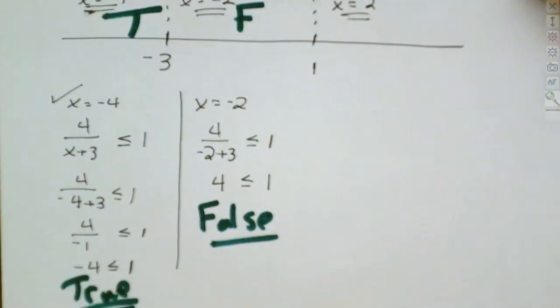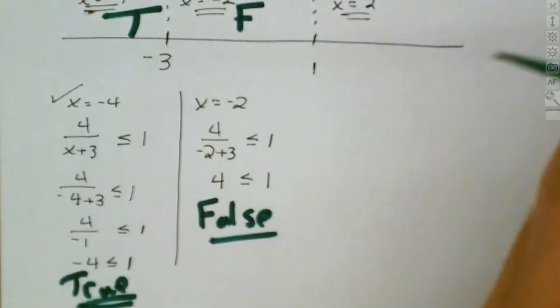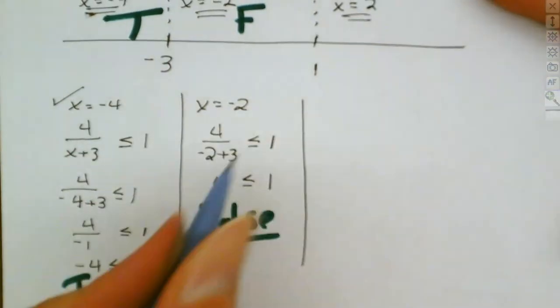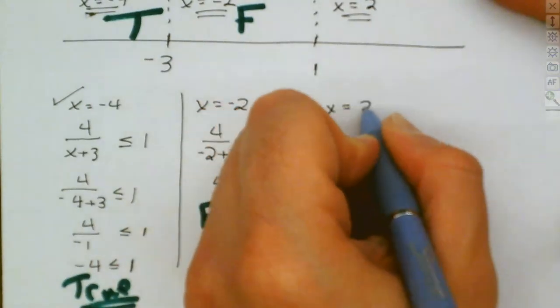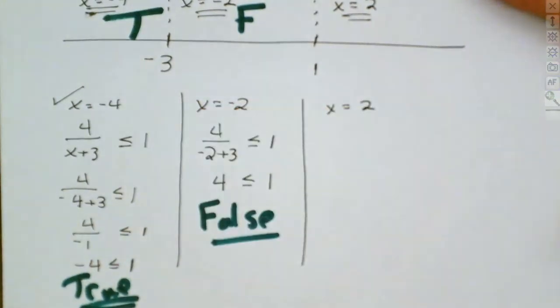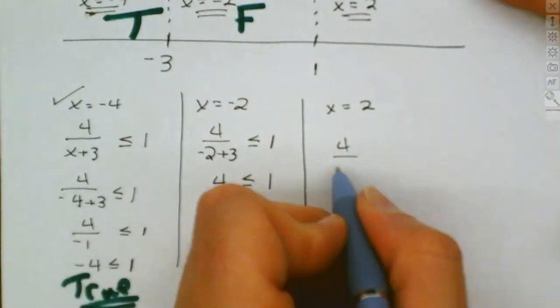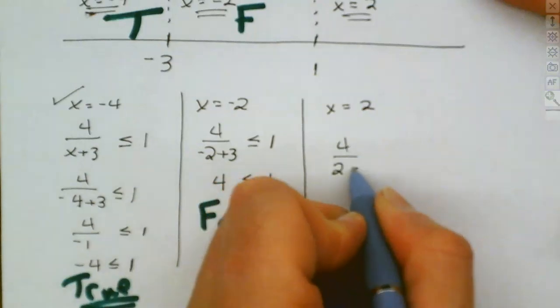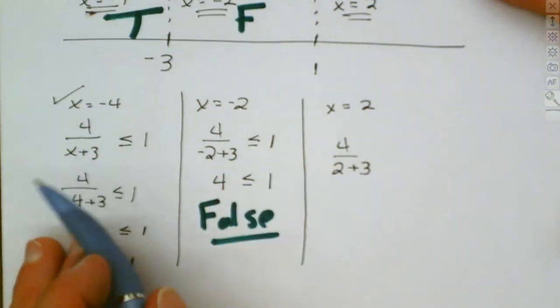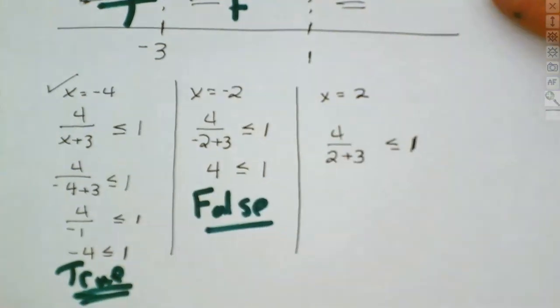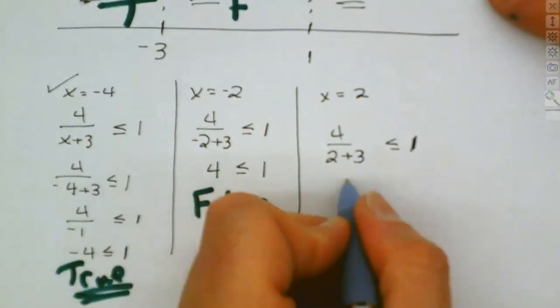Okay, and we need to do the last one. We're going to now use a +2. And let's see what happens with a +2. If I use a +2, then I get 4 over 2 plus 3, right, because I'm just plugging the 2 in, is less than or equal to 1. Well, 2 plus 3 is a 5.